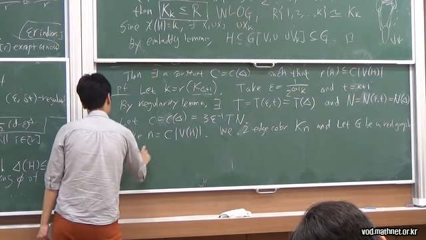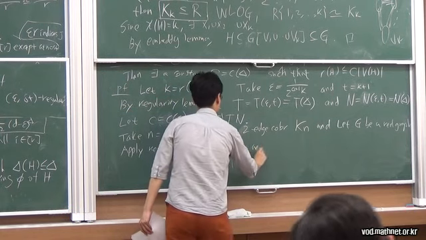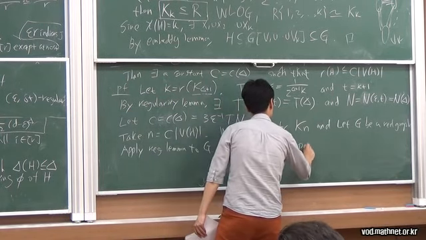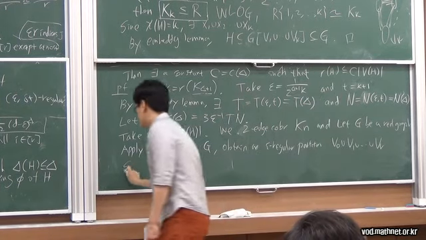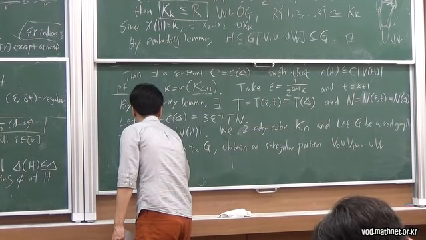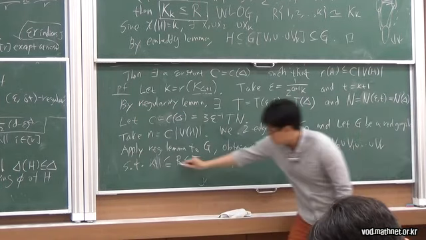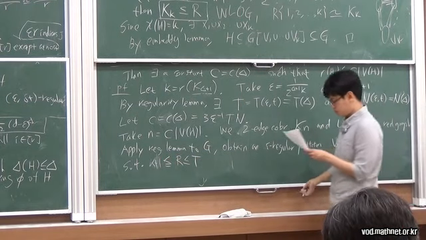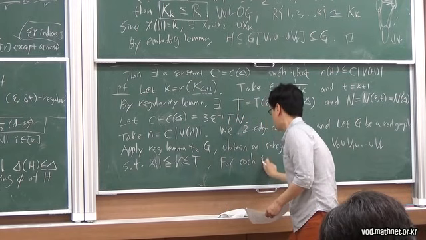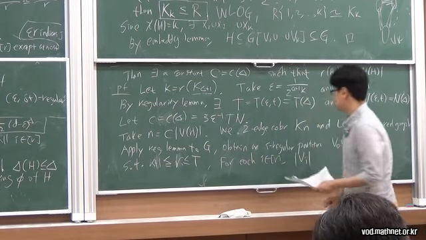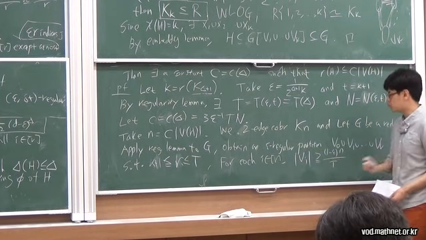And apply the regularity lemma to G. Then we obtain an epsilon regular partition V sub 0, V sub 1 to V sub R, such that R is at least t, which is k plus 1, and at most capital T. So, because of this condition, this is R. For each i, the size of V_i is at least 1 minus epsilon times n over R, and R is at most T, so this is a lower bound.